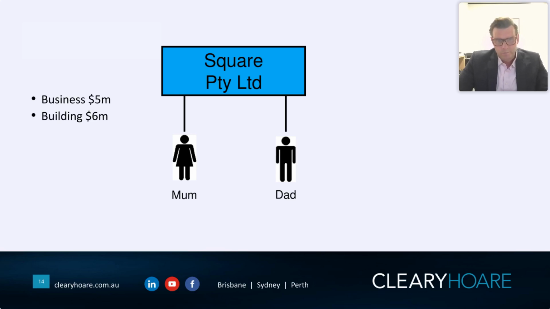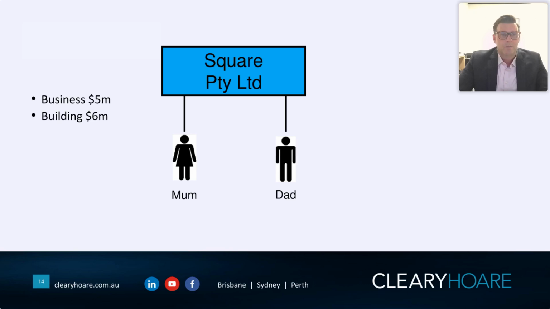So a couple of issues off the bat. Again, we've got a mixture of assets here. We've got a business asset, we've got a building. Not great to have them in the same entity. Mum and dad are shareholders, so no flexibility there in terms of dividends. Presumably, if our building's worth $6 million and we're paying market value rent, there's a reasonable amount of funds moving around in this company.